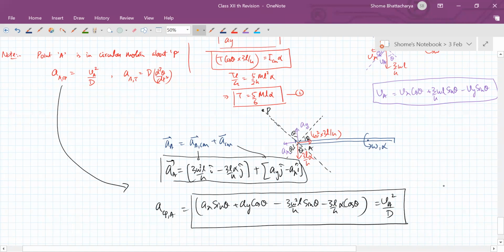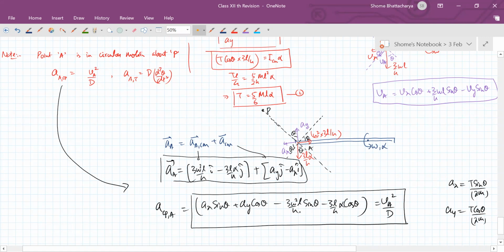Okay. Now I'll tell you what is the easiest way to do this. Okay. Since we want to find tension, so we will write all these terms in terms of tension. AX can be written in terms of tension. AX is equal to T sine theta divided by 2m. Okay, and AY is equal to the Y component, T cos theta divided by 2m.